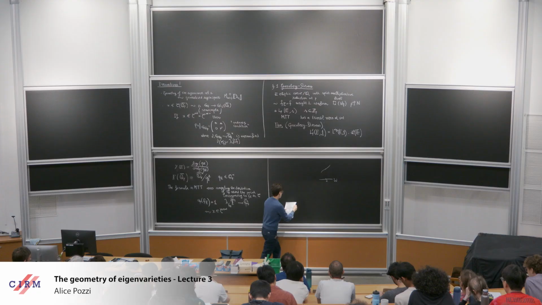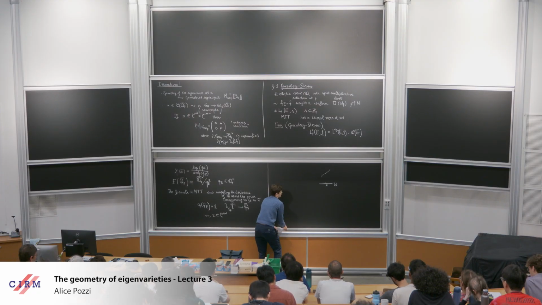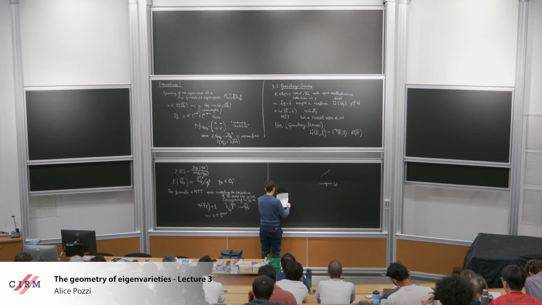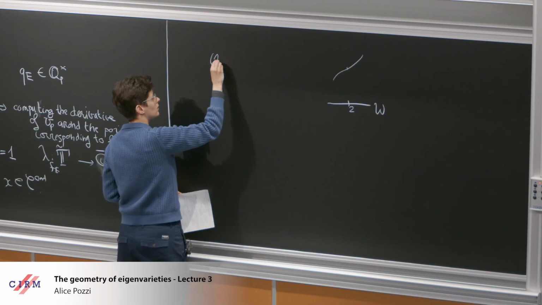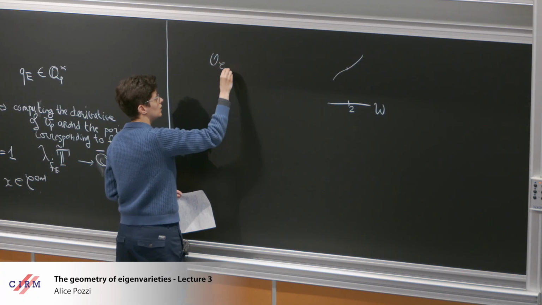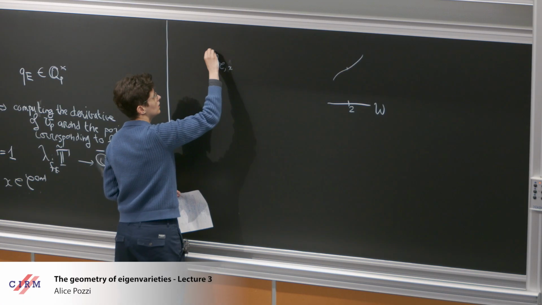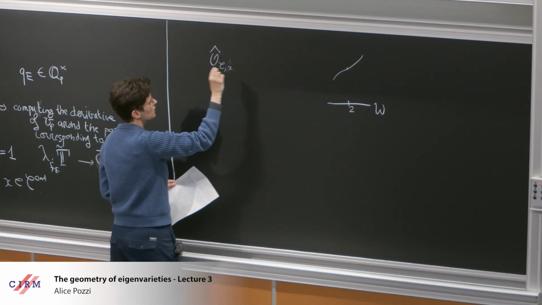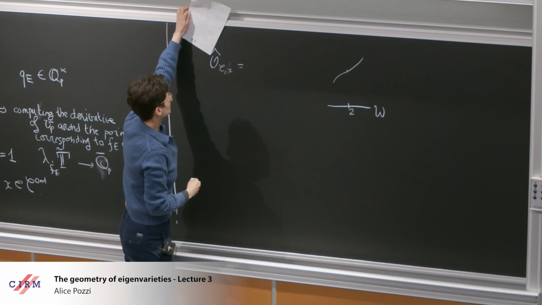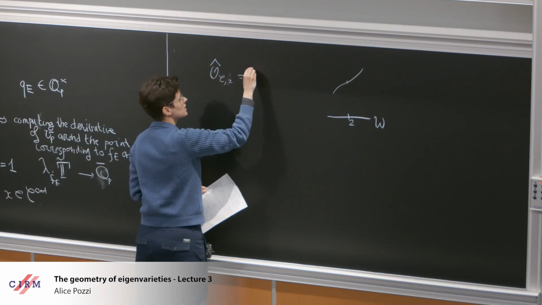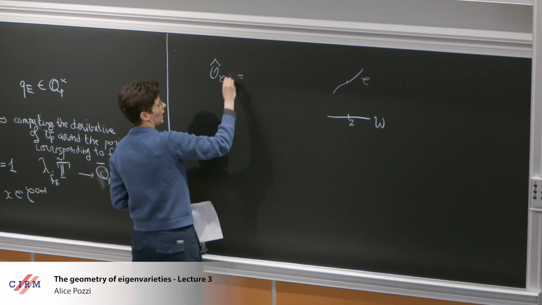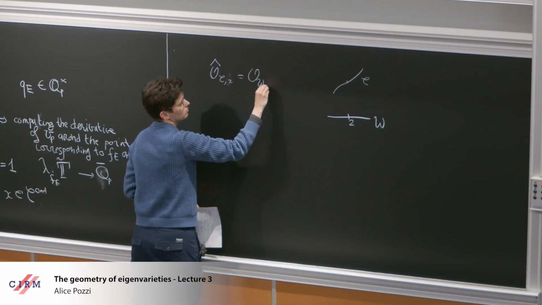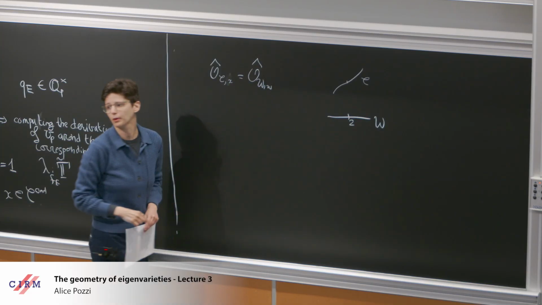I can even think of working, if I want to look at an infinitesimal neighborhood around it, of taking the completed local ring of the eigencurve at X, and identifying it with the one of the weight space.